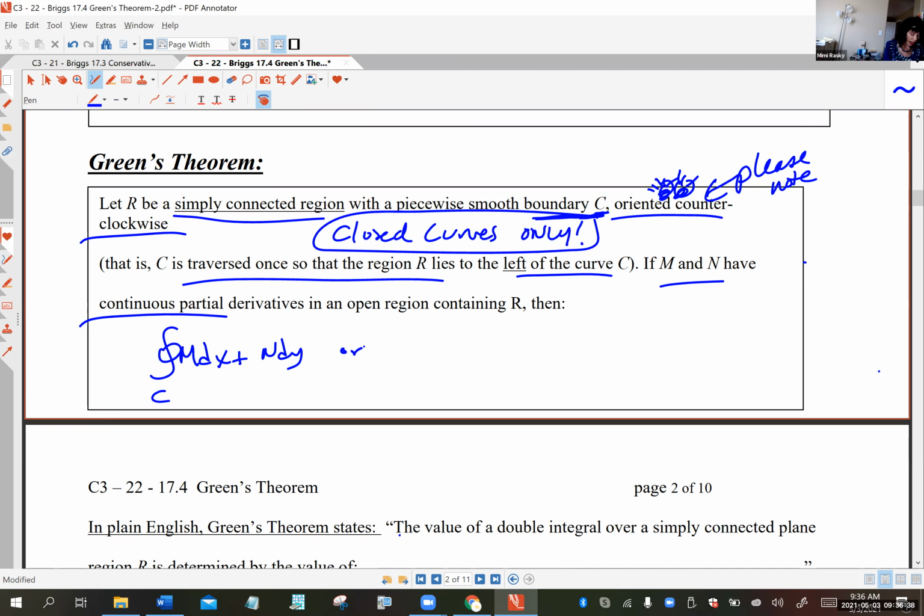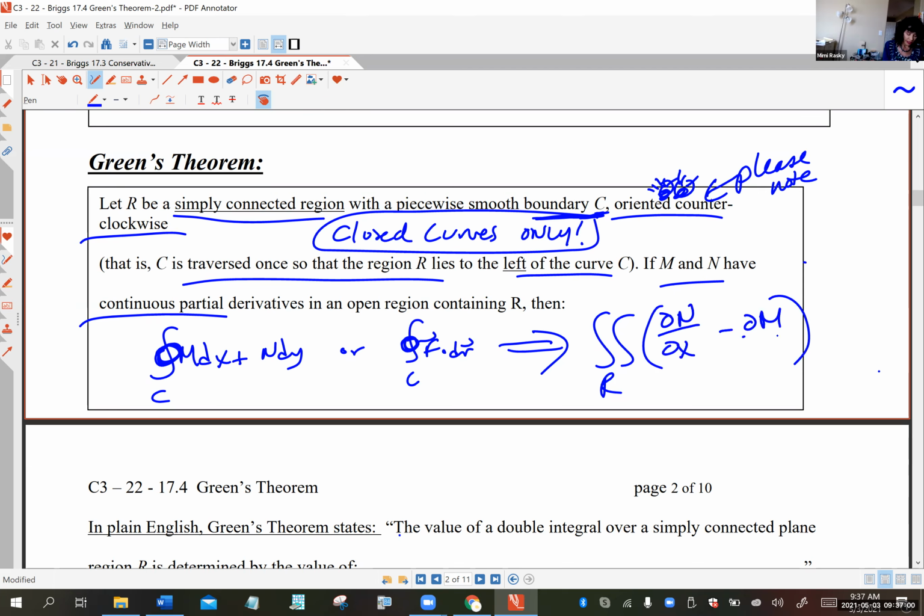It could be M dx plus N dy or F dot dr. You're not restricted to differential form, either type 2 or type 3. You can use Green's as long as it's closed. So I'll put little circles here around the integral. That means they're closed. Then what? If you don't want to, and you'd rather do a double integral instead, you can. And the double integral that you'll do is this one. It's got the integrand dN/dx minus dM/dy.